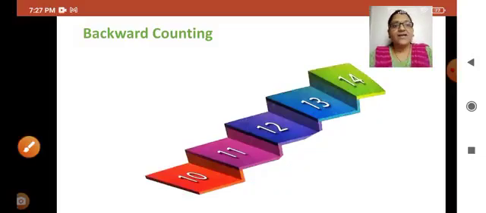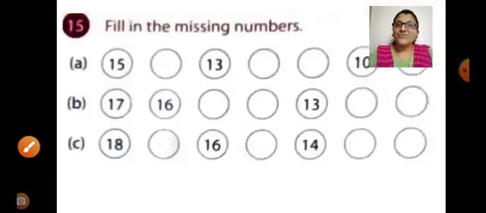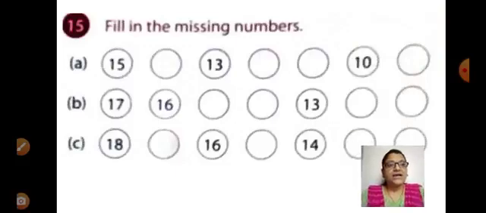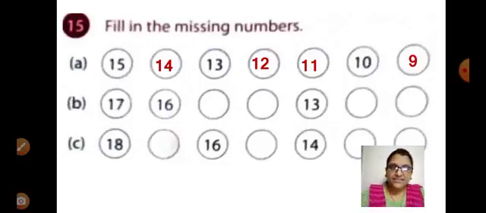Let us see the question number 15. Fill in the missing numbers. Here, starting from the first given number, we have to do the backward counting and fill in the blanks. Example A, 15, then 14, 13 is given, then 12, 11, 10 is given, and after that we will write 9.